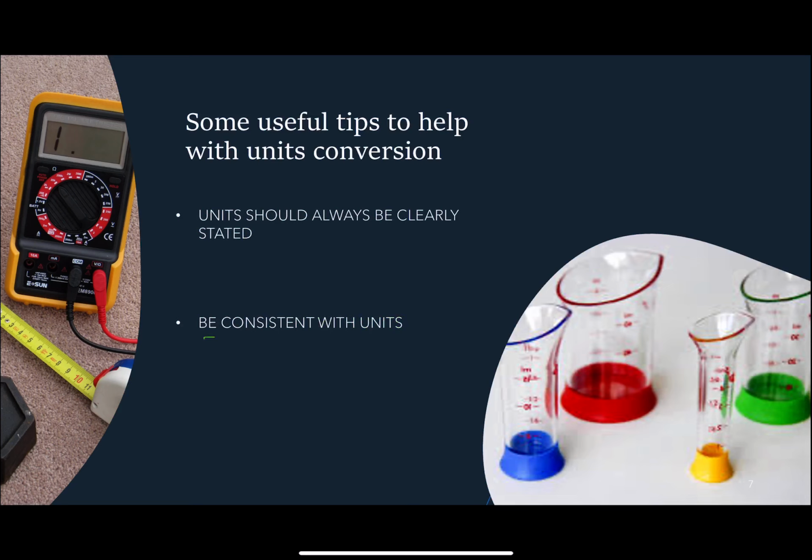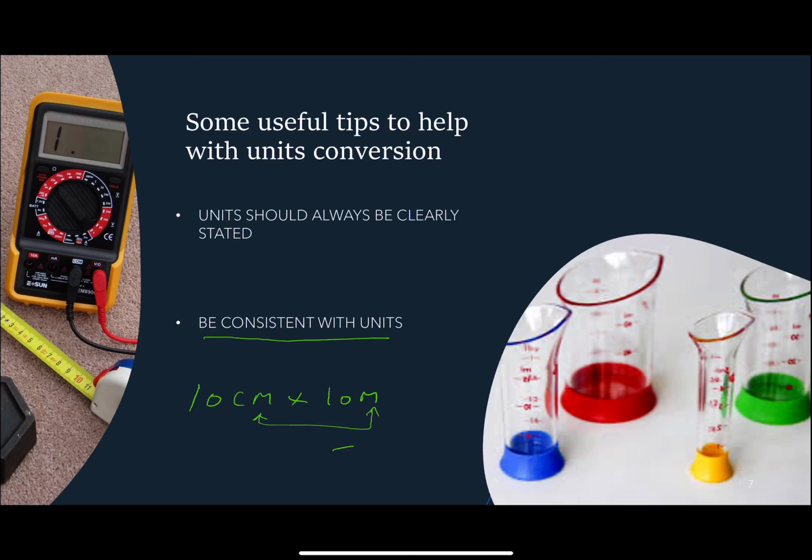And the second thing we need to remember: be consistent with the units. So for example, if you are doing a calculation of area, you can't say 10 centimeter multiplied by 10 meter or 10 millimeter and so on. We'll have to unify those. We'll have to make sure they have the same unit, because otherwise the whole thing is wrong.